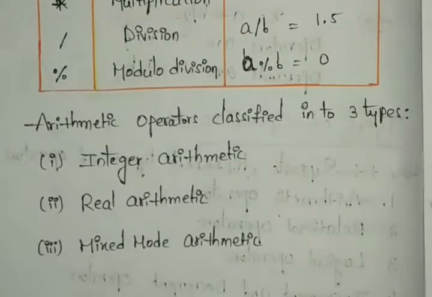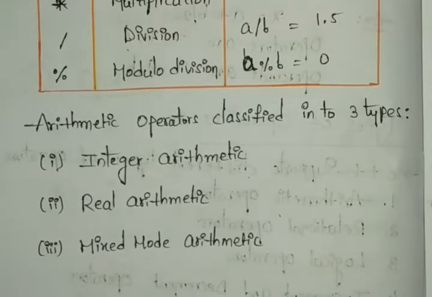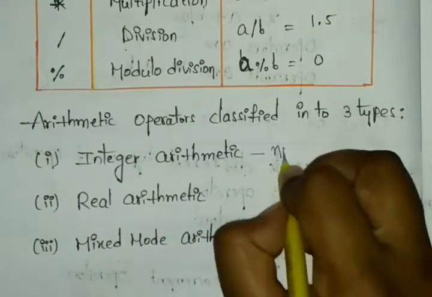In integer arithmetic, we perform operations on integer values, meaning numbers, like A plus B, B minus C. Whatever integers you have, those are used here, numerical values like 1, 2, 3, 4, 5.